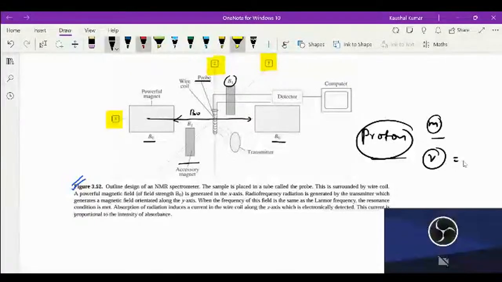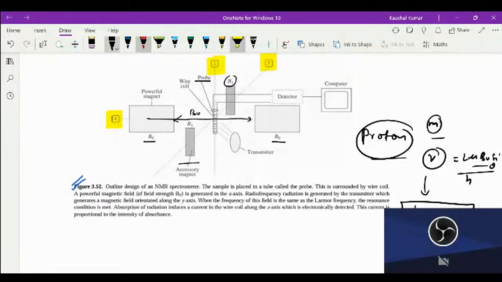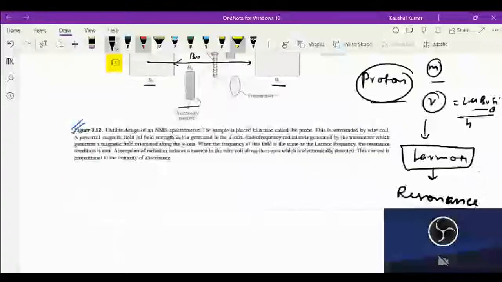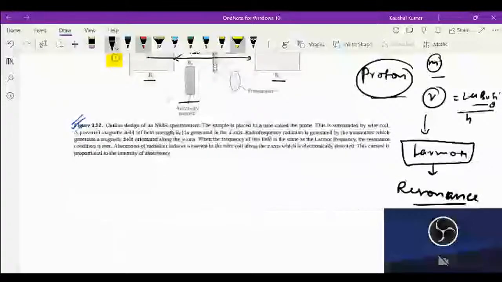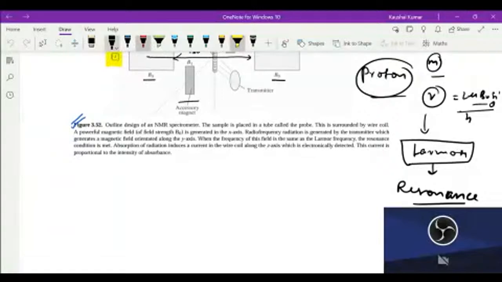The value of that frequency is 2 mu B0 sin theta by h. And that frequency should be matched with the Larmor frequency. If the Larmor frequency is achieved, then it will give you resonance, and if resonance is achieved, it will be easy to detect those changes.